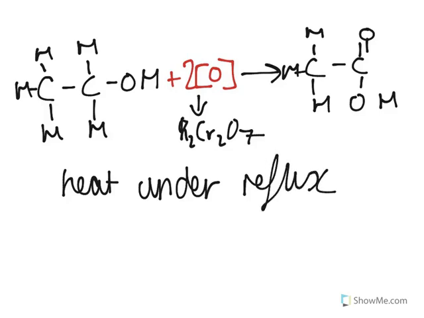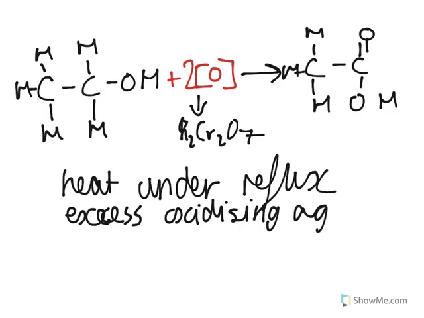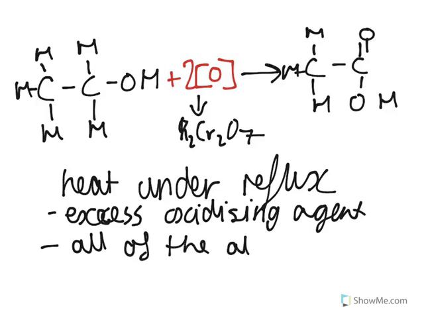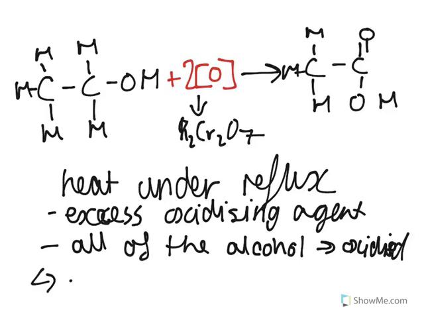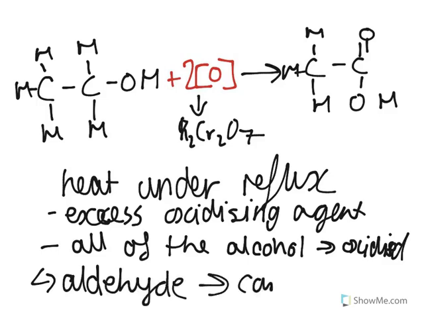And when you do this, you have to heat it with excess potassium dichromate, so excess oxidizing agent, and this means that all of the alcohol is then oxidized, and this also ensures that all the aldehyde has turned into carboxylic acid.